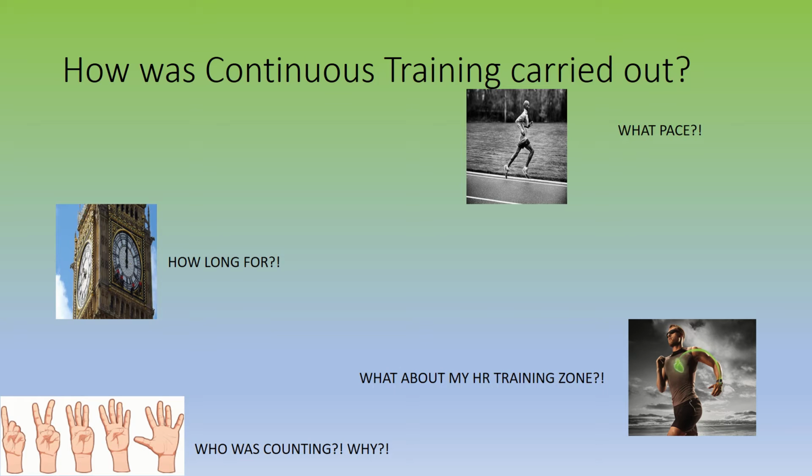You'll aim to carry out continuous training for about 20 minutes to start off with. 20 minutes is the minimum that you can carry out continuous training for to produce any adaptations for your CRE, i.e. improving your cardiorespiratory endurance.